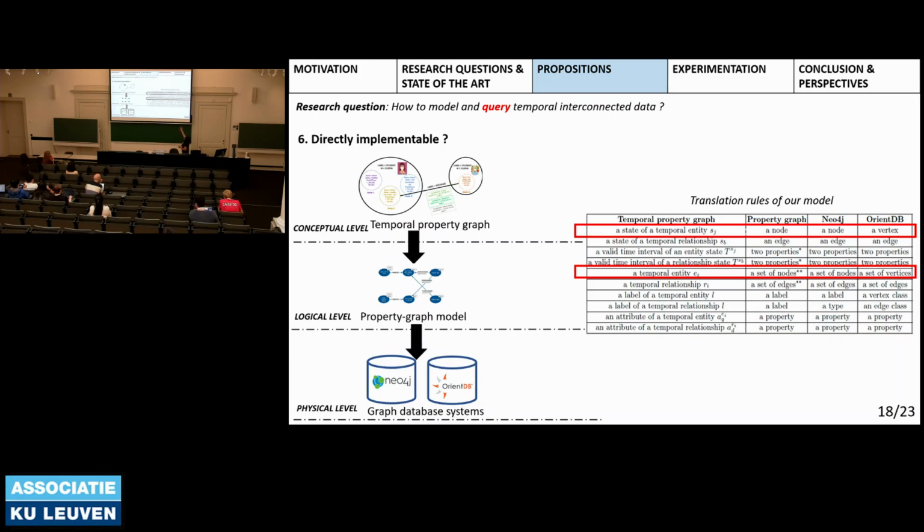We can see in this table, for instance, that a state of a temporal entity in our temporal property graph corresponds to a node in the property graph model. So a temporal entity in a temporal property graph model corresponds to a set of nodes in the property graph model.